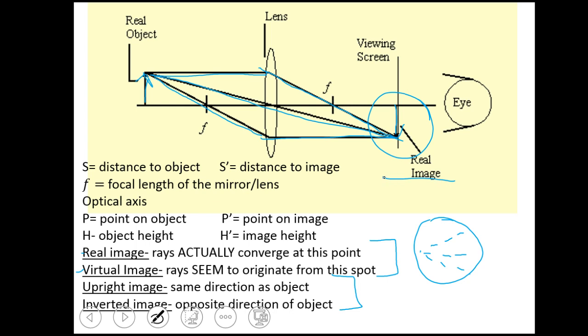And so we would call that an inverted image. And so for this one, we would say that this is a real and inverted image, right? And so we use one of these terms to describe it and one of these terms to describe it as well.